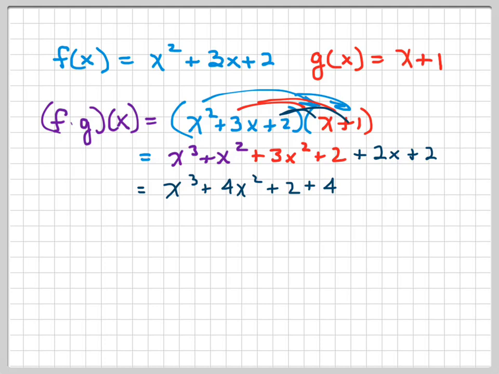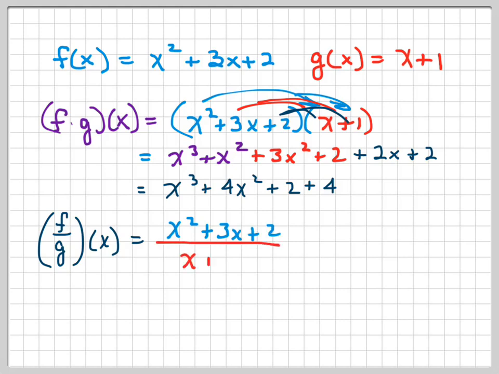Division of two functions. Make sure I get all of them covered. I don't think we're doing any composite stuff yet. We will. So let's do a division problem. f over g of x would just be f of x, x squared plus 3x plus 2, divided by g of x, x plus 1. Now, division problems are probably historically the tougher ones because the next step is you have to actually try and carry out that division if you can.